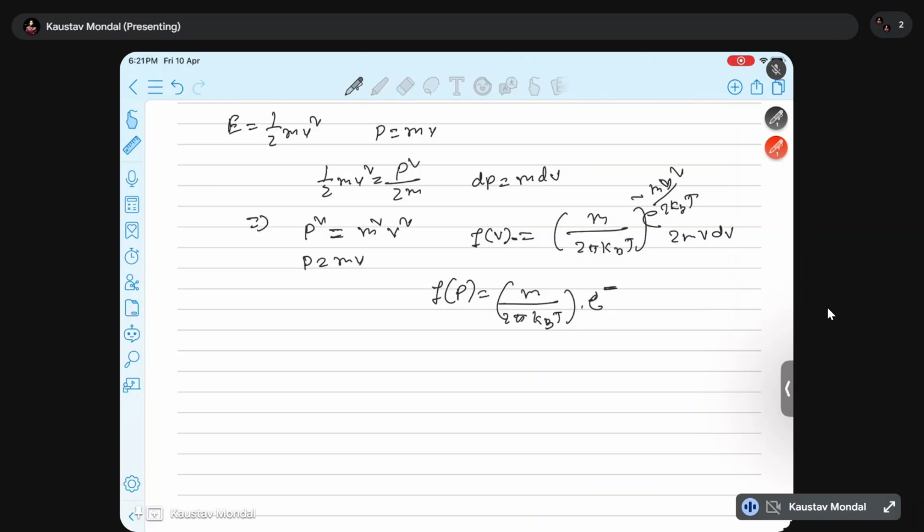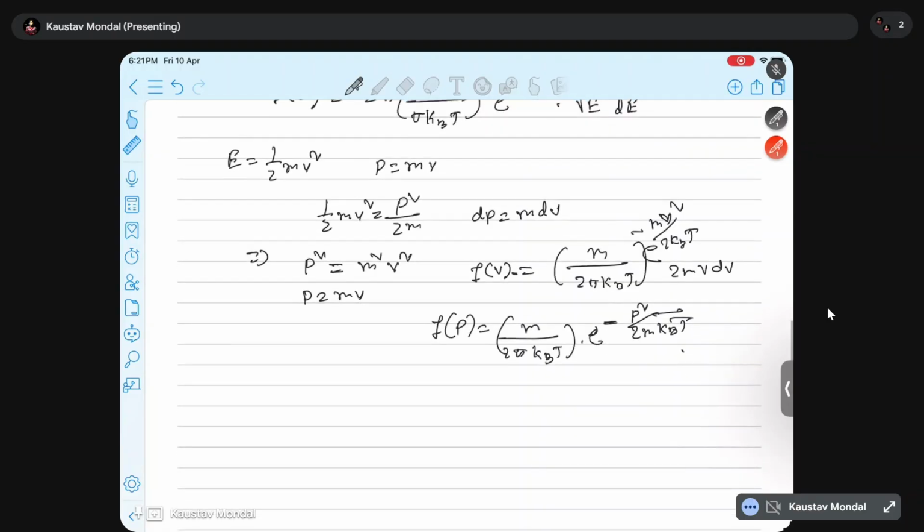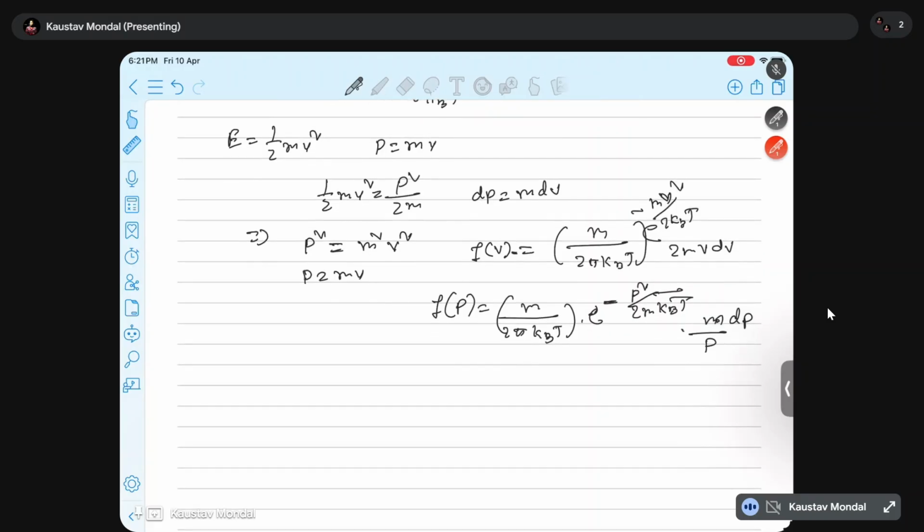So the upper term will be m square v square, which you can write as p square, and the denominator will be 2m kbT. And 4 pi v square dv. You can write m dv directly as dp, and this v you can write as p by m.